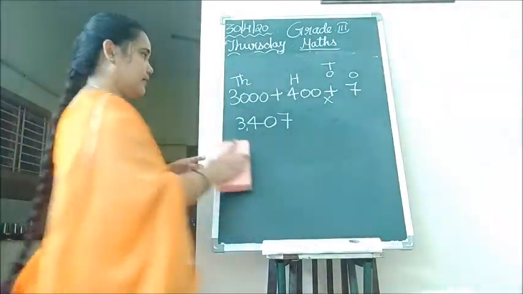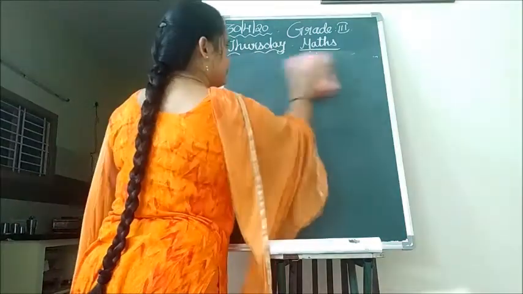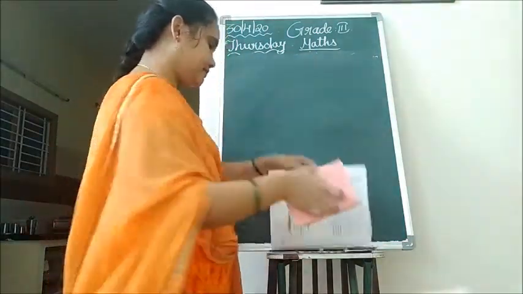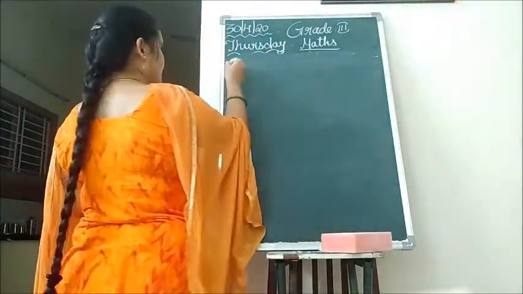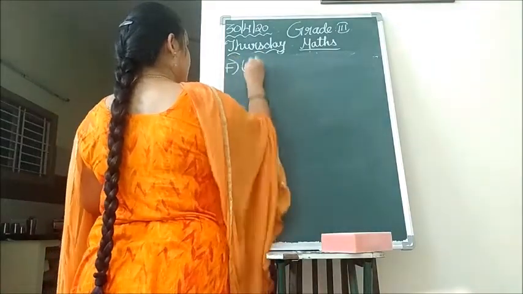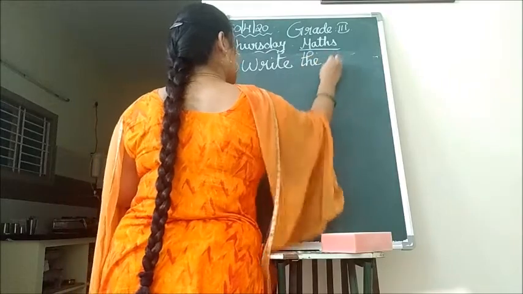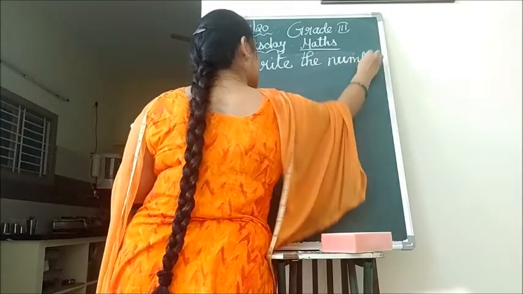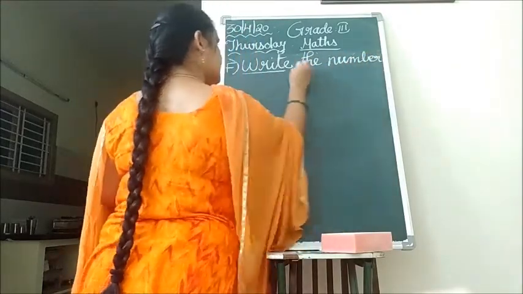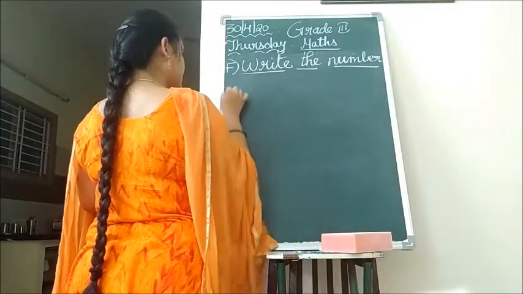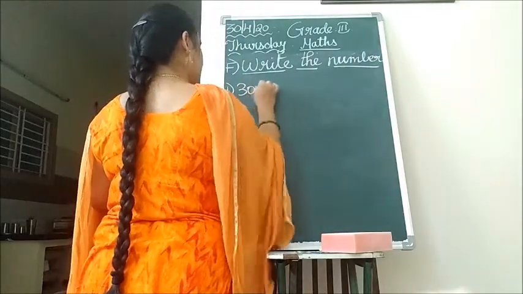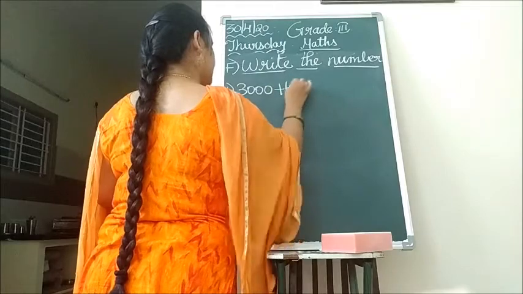Let us solve the next one, F Roman, write the number. First one, 3000 plus 60.